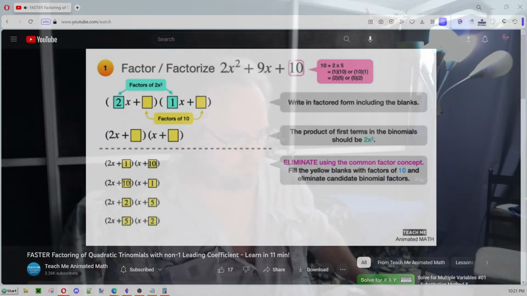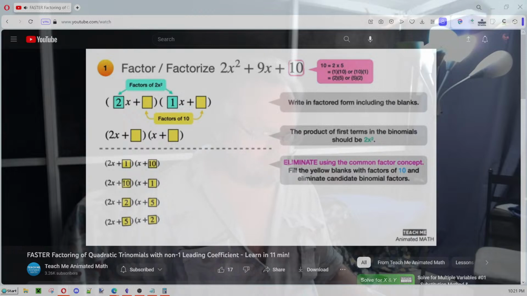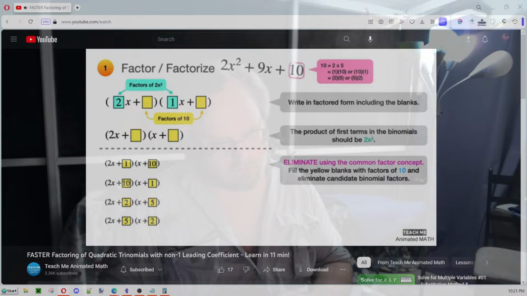Now this is where things become interesting. Instead of going straight to the trial and error method, we can be a little bit lazy and eliminate some of the candidate factors using the concept of common factors. First things first, look at the quadratic trinomial and observe that its terms do not have a common integer factor aside from 1.